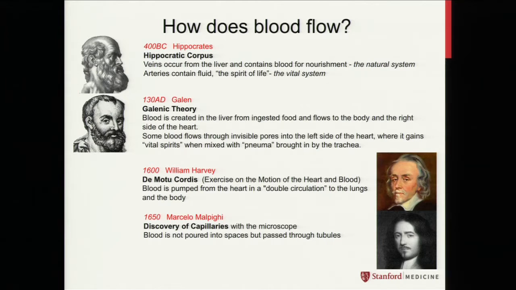It wasn't until 1600 that William Harvey actually explained the double circulatory system, where blood is pumped from the heart to the lungs and the body. But at that point, people still didn't know how the blood went from the artery to the vein. And finally, around 1650, the Italian Malpighi discovered the capillaries, looking under the microscope, showing that it was a continuous system from the arteries to the veins.